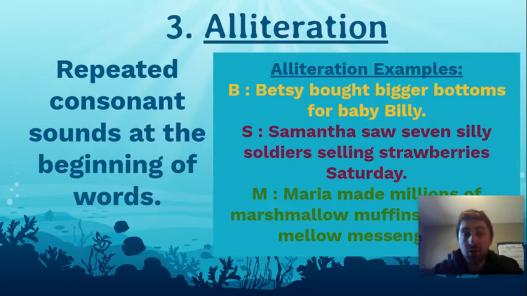Alliteration is when you repeat a consonant sound at the beginning of the word. Now, it doesn't mean it needs to be the exact same letter. For example, if you have the PH and the F sound, you can have that same consonant sound, so the F sound.